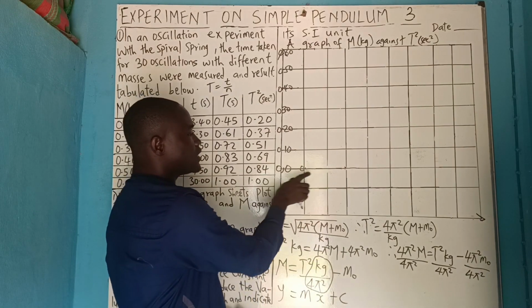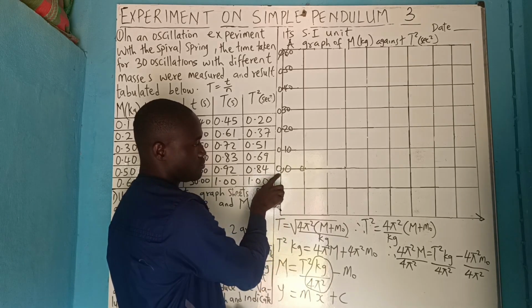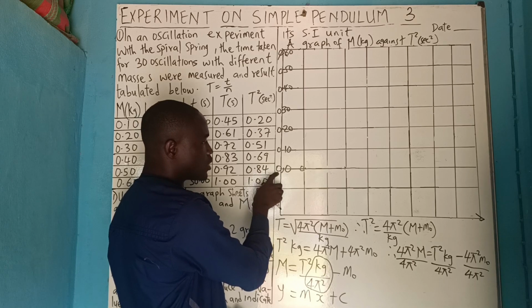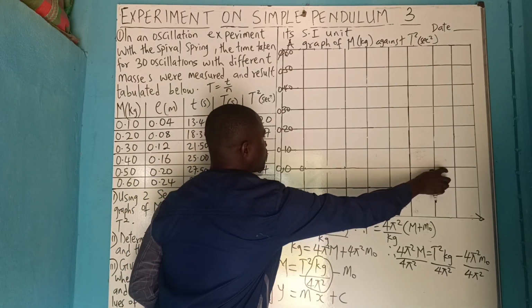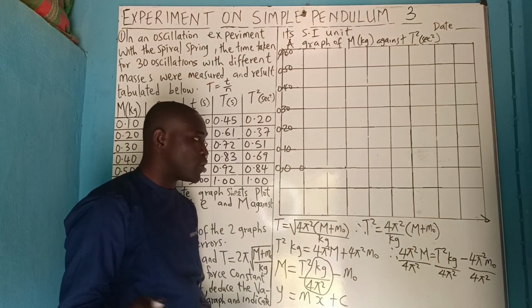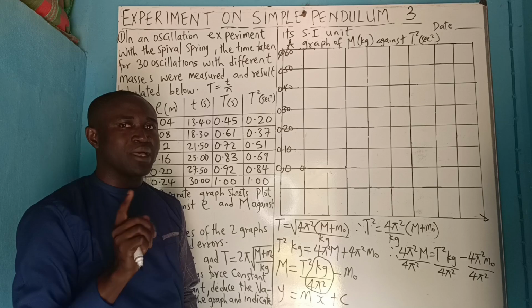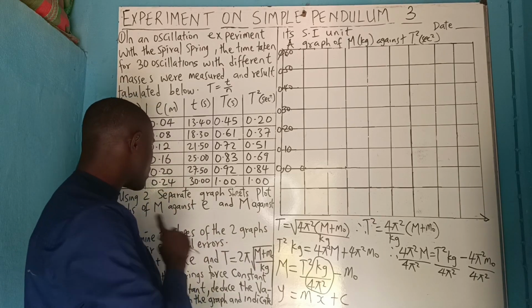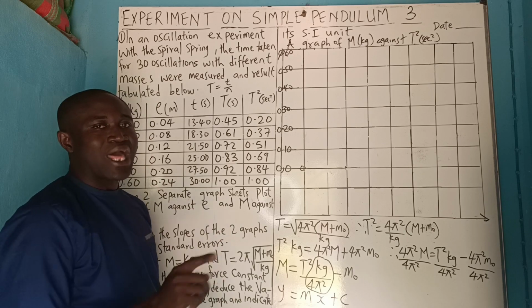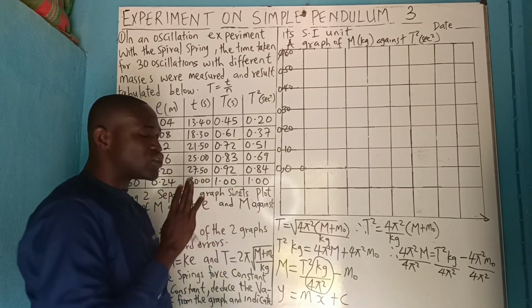Now, for this horizontal axis, I will decide to start with 0.1. Because when I say 0.1, 0.2, 0.3, 0.4, 0.5, 0.6, 0.7, 0.9, 1.0, that means it's not a must that you start from the origin. It's not a must unless it is instructed to start both axes from the origin, then it is a must. But here they did not instruct it.